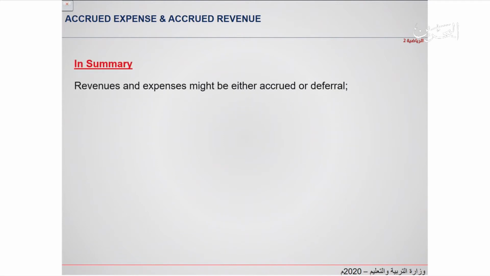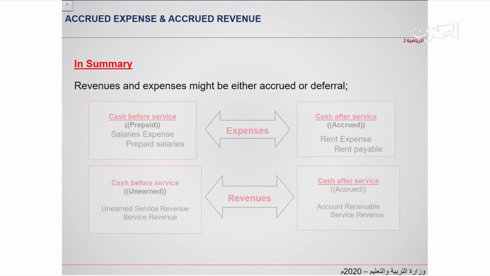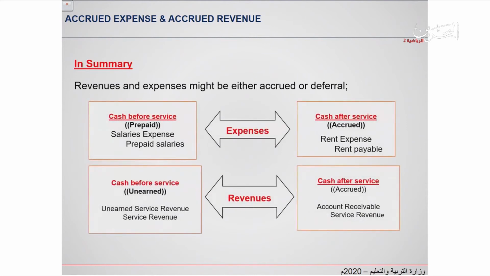Now, see the summary. You have one type for expense and the second for revenue. The expense, you have two types: one prepaid and the second accrued.